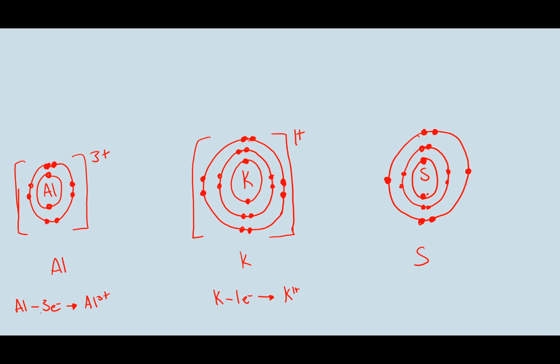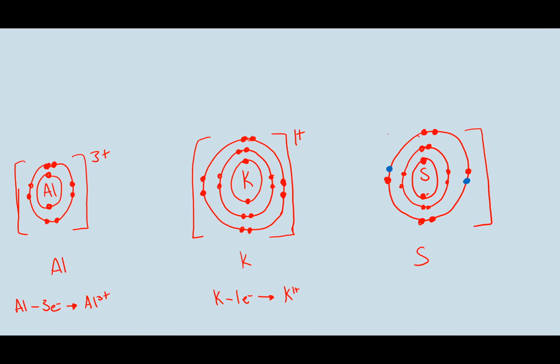Again, thinking in terms of common sense, it is easier for sulfur to gain 2 electrons to follow the stable octet rule, because it's easier to gain 2 than try to lose 6. So this is what the sulfur ion would look like.